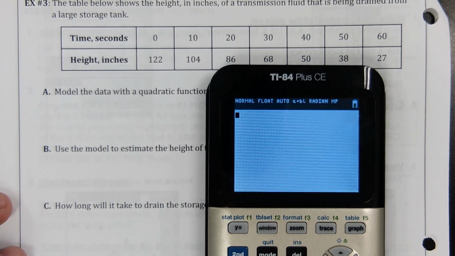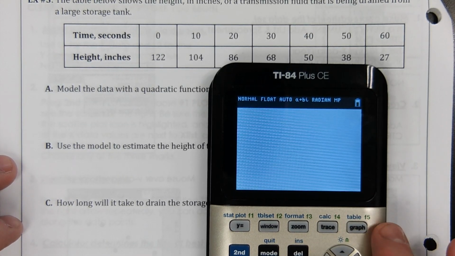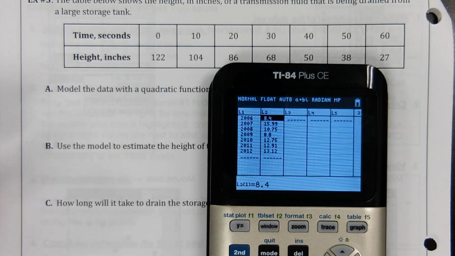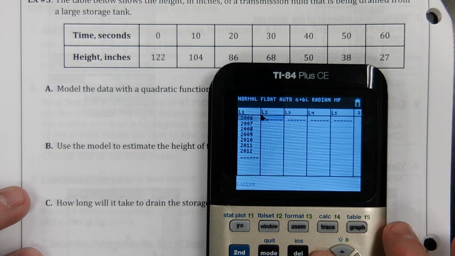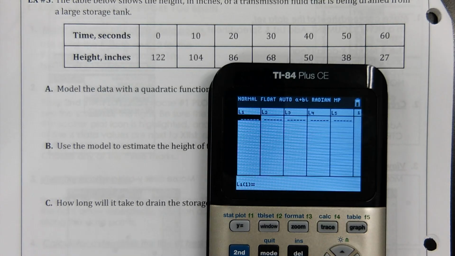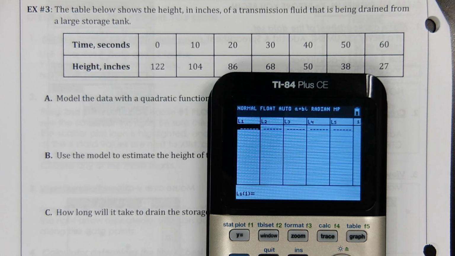First thing we're going to need to do is go back to our Excel spreadsheet, so to speak, which is in Stat Edit. Clear these 2 lists out and enter these 2 lists. And this one's talking about the height of transmission fluid that is draining from a storage tank.